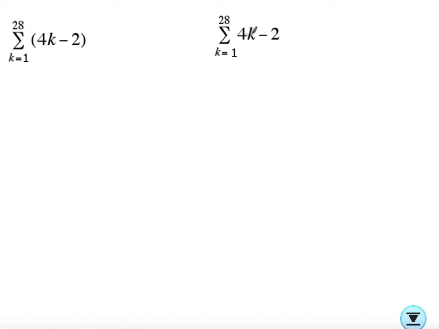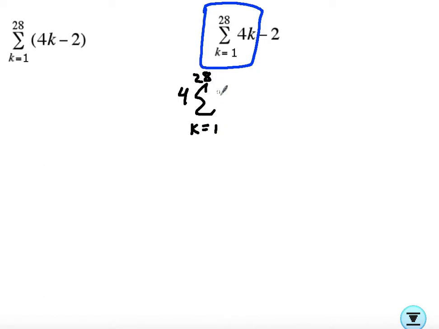But over here, there's no parentheses, so the only thing that's being summed up is the 4k, and then when you're done with that, then you subtract the 2. So if it was me doing this problem, I would take that 4 and bring it out in front. And I would just take the sum of k from 1 to 28. And when I get done with that, then subtract the 2.